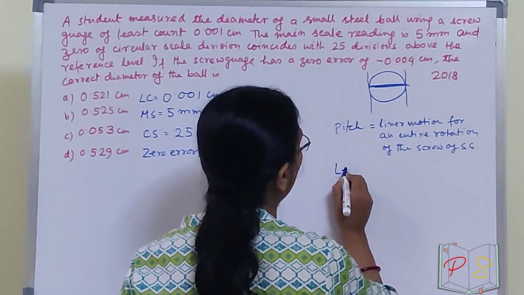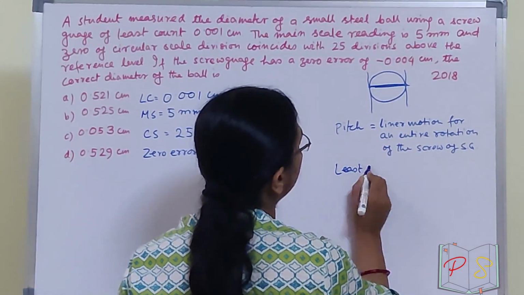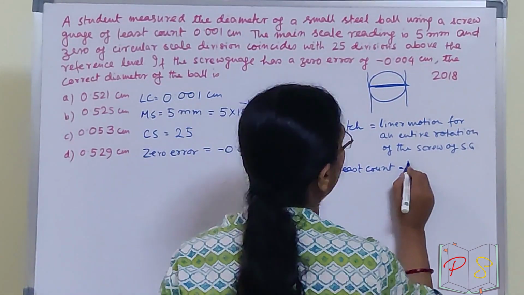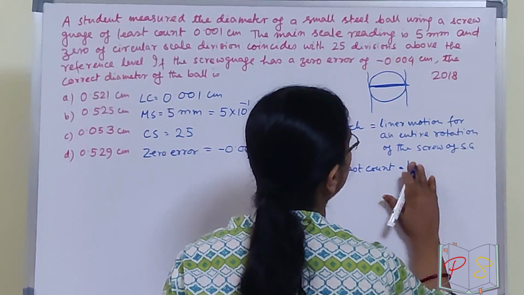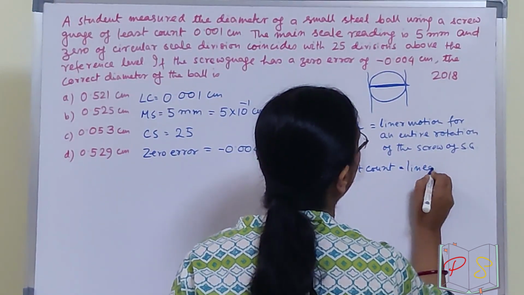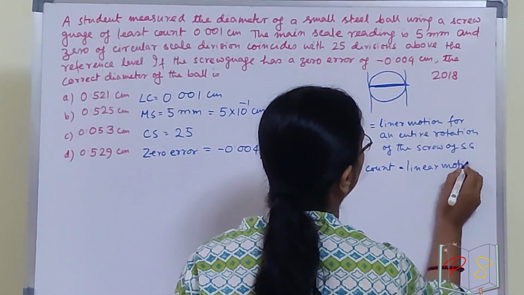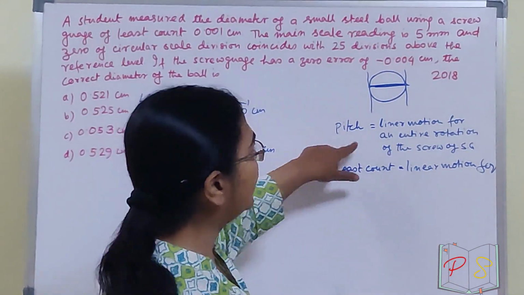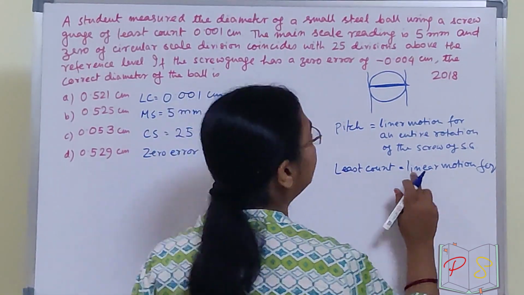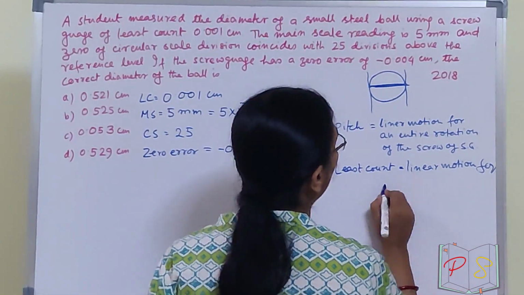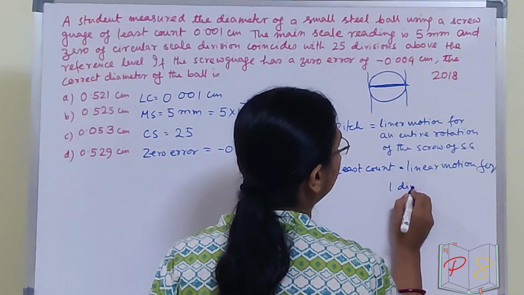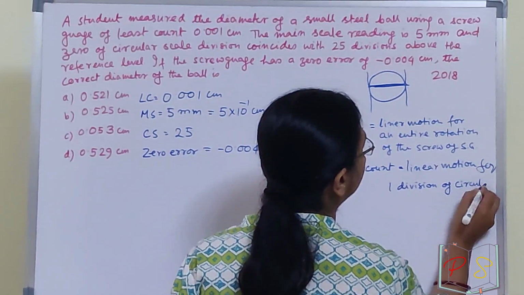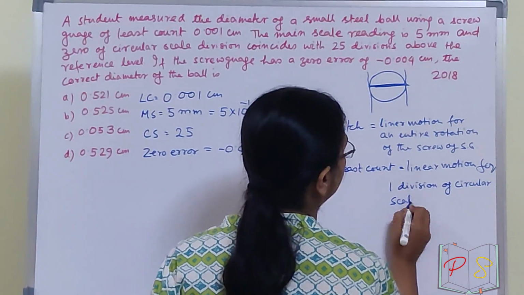So least count is linear motion for one division of circular scale motion. Previously I wrote linear motion for an entire rotation, this time I will write linear motion for one division of circular scale motion.